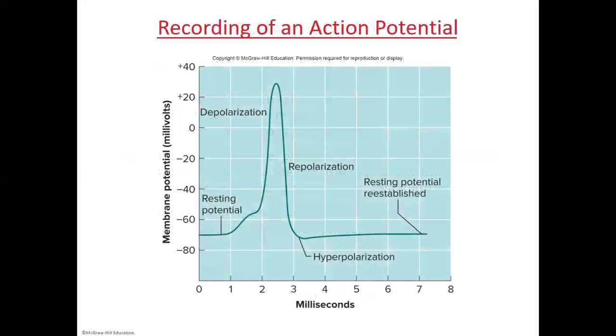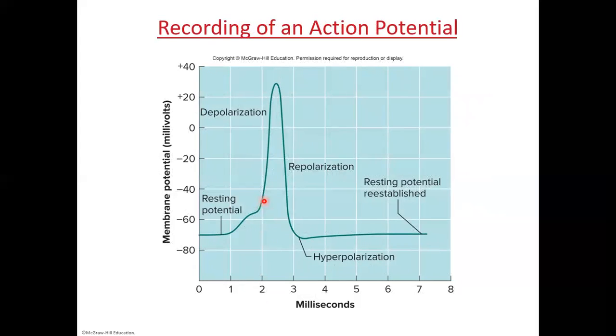And here's a graph kind of showing you. This is the resting potential at negative 70 millivolts, and then a threshold level is reached here at about negative 55. Then you have a very rapid change, you can see this is in milliseconds, so this is 1/1000th of a second. We could actually measure how long it takes a signal to travel through a neuron.